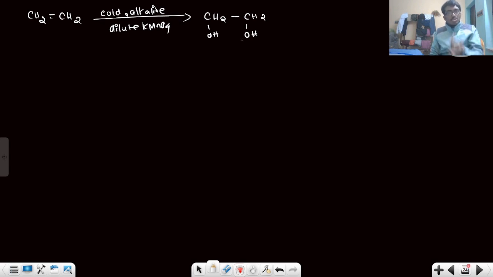Clear? Two OH will be attached. Whenever the bond breaks, OH attaches on both sides. Please remember that whenever cold alkaline dilute KMnO4 is used, the bond breaks and OH attaches on both sides. Along with this, two other products will also form, that is 2MnO2 plus 2KOH. Understood? Simple thing.